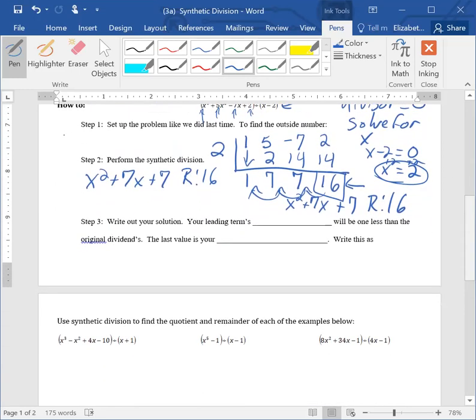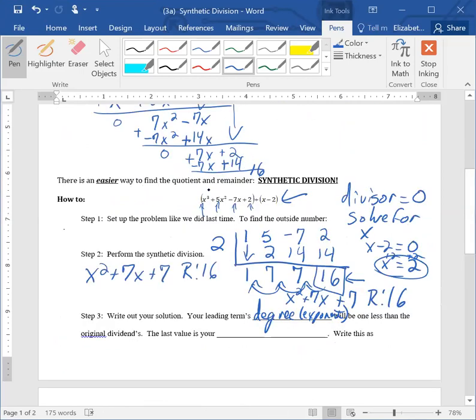All right, so some things to remember here. If you don't want to work backwards on putting in your x's and your x squares, some tips. So write your solution, your leading term's degree. That's the exponent. Will be 1 less than the original dividend. All right, so looking up here, our original dividend we started out with had an x cubed.